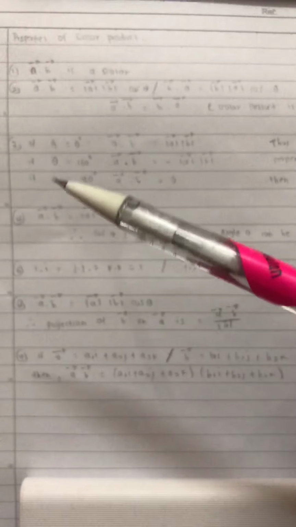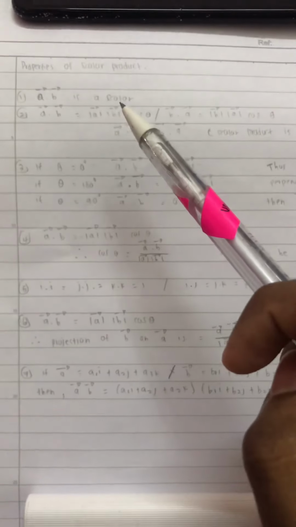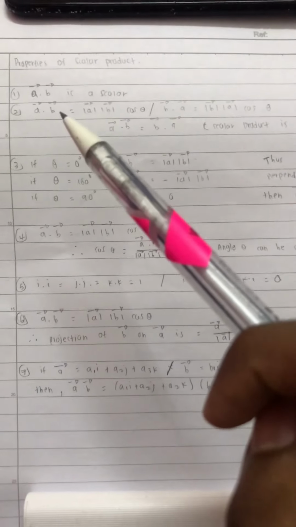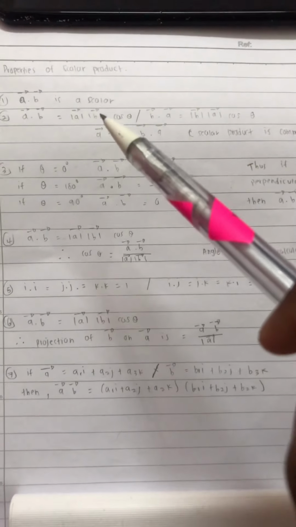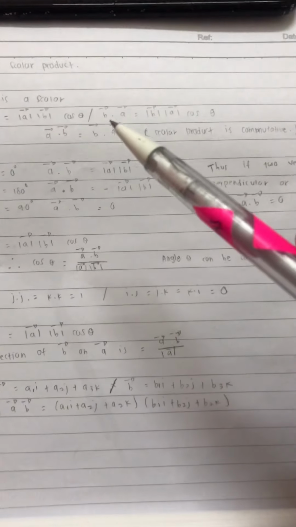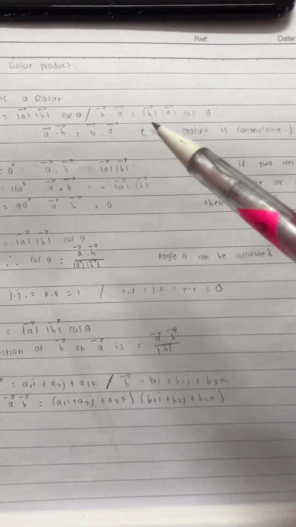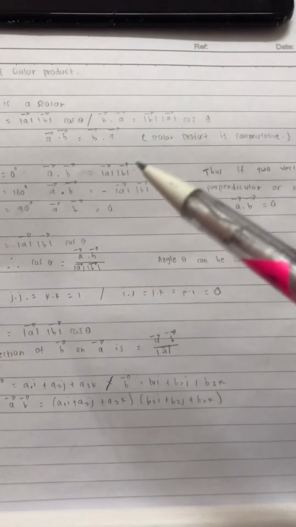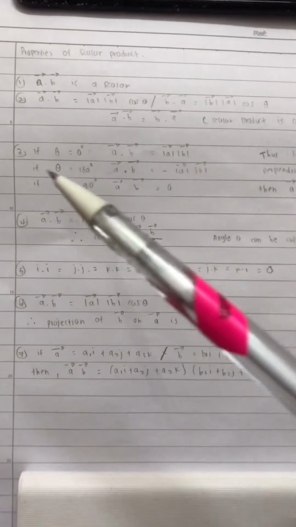The first property is vector A dot vector B is a scalar, and the second property is vector A dot vector B is equal to magnitude of vector A, magnitude of vector B, cos theta, or vector B dot vector A equals magnitude of vector B, magnitude of vector A, cos theta. So what we can say from this is scalar product is commutative.